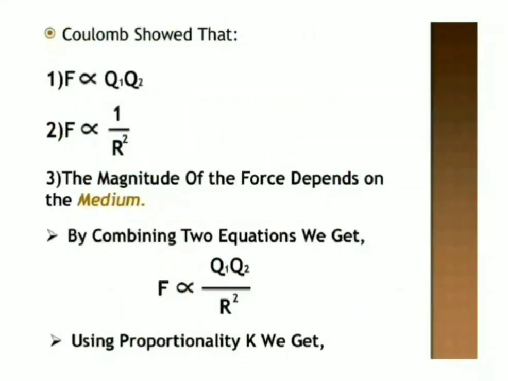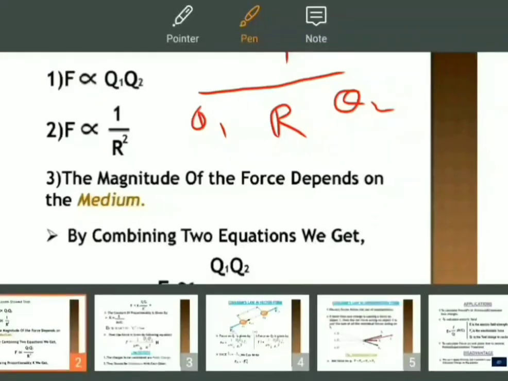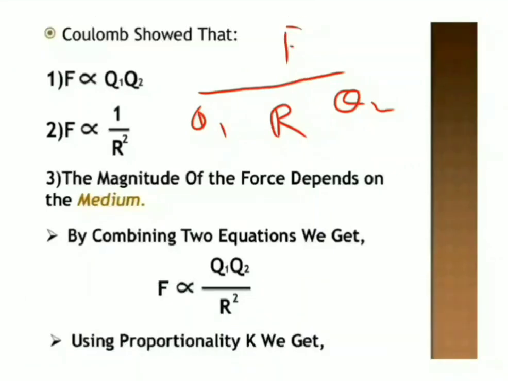Now Coulomb showed that if we have two charges q1 and q2 separated by a small distance which is represented by capital R here, then for this type of configuration the total electric force acting on this system can be calculated by these relations, where electric force is directly proportional to q1 into q2, and the second is force is directly proportional to 1 by r square, where r is the separation between these two charges.